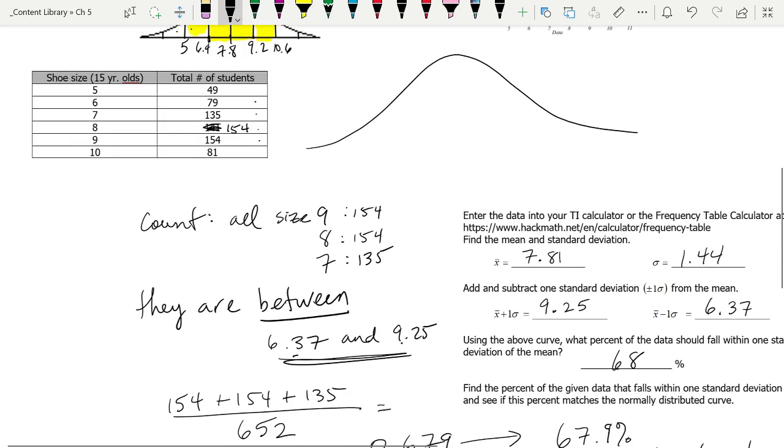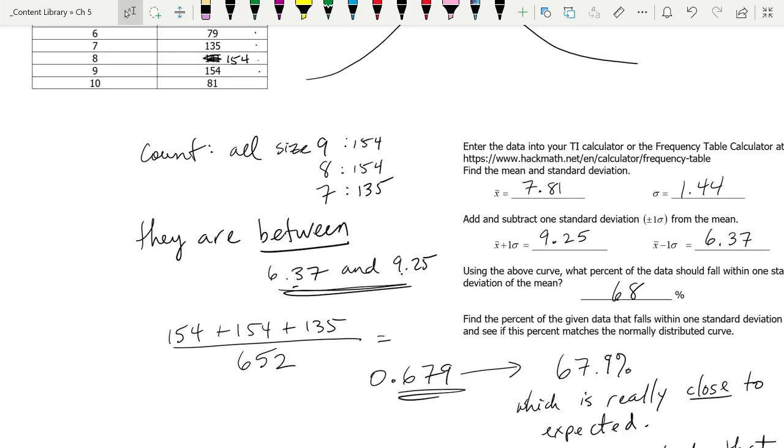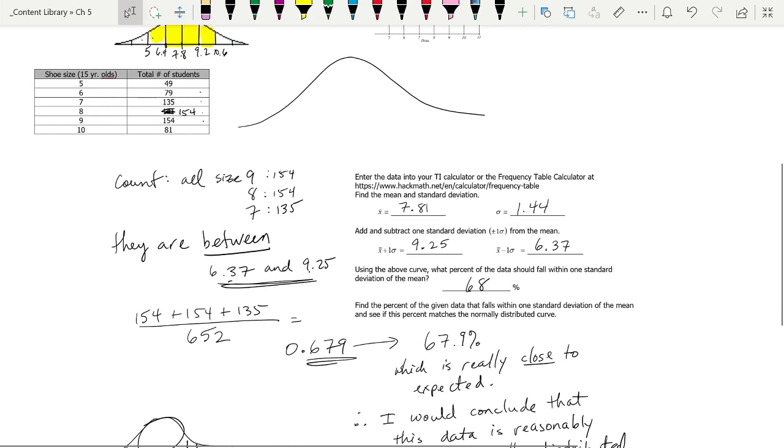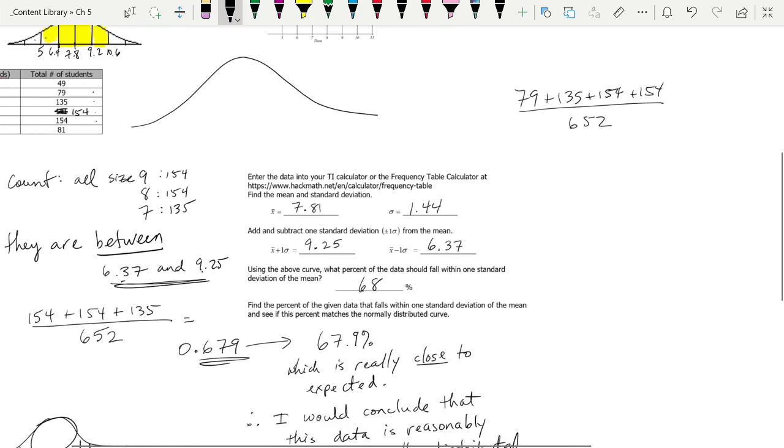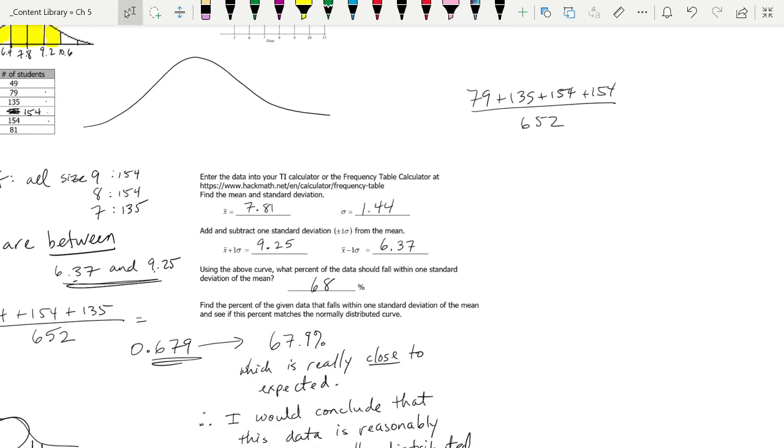That's not that hard to do. Let's try it. Let me shrink this here. Does 79 plus 135 plus 154 plus 154, over the total of 652, make close to 95%? Let's do the math on that.